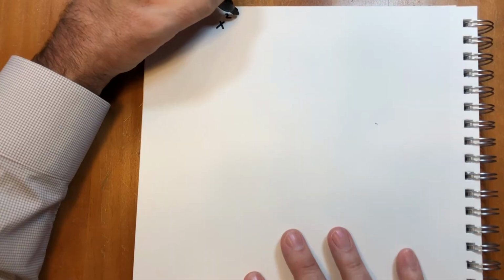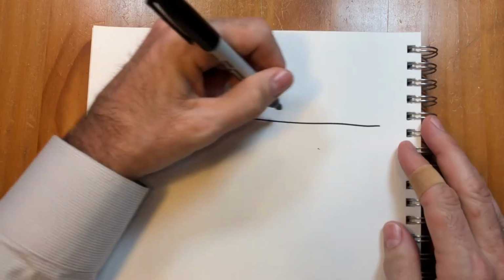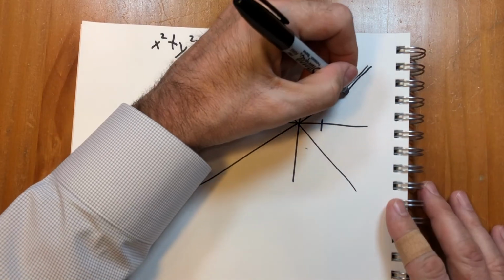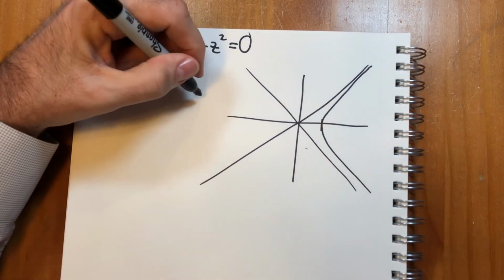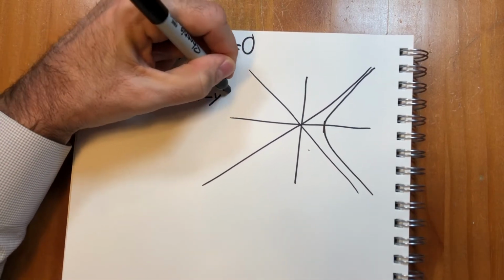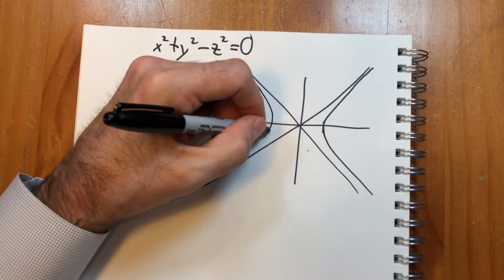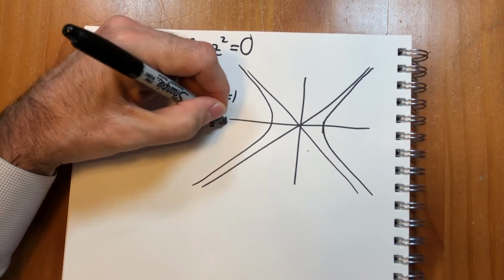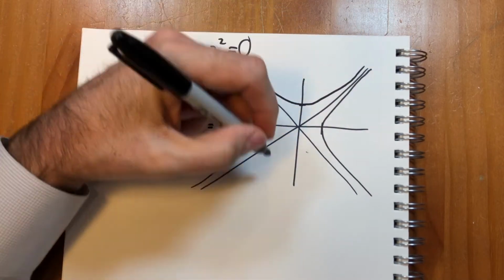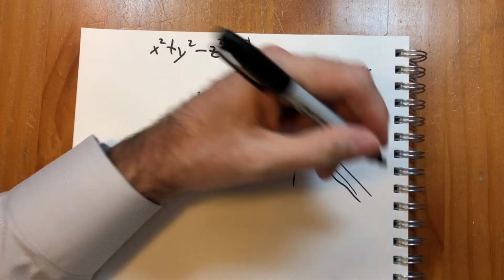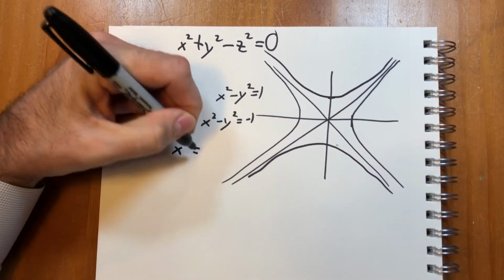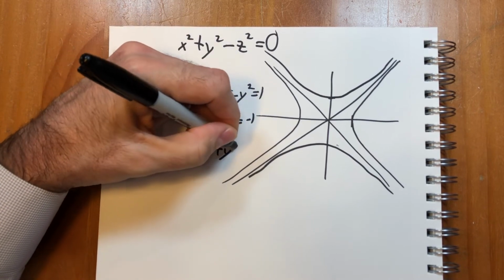What about x squared plus y squared minus z squared equals 0? So I want to think about something here. When we have a hyperbola, so this would be x squared minus y squared equals 1, and it would go like this, right? And then if it's minus 1, it goes like this. And if we move the y over, we have x squared equals 1 plus y squared.